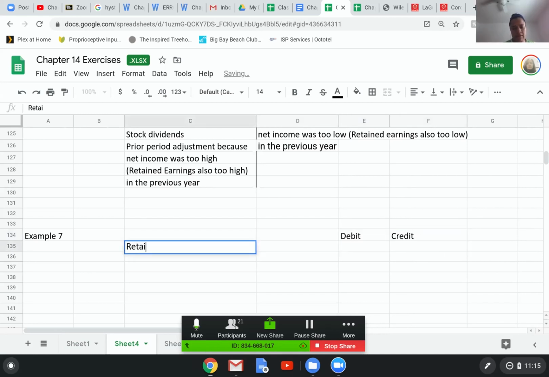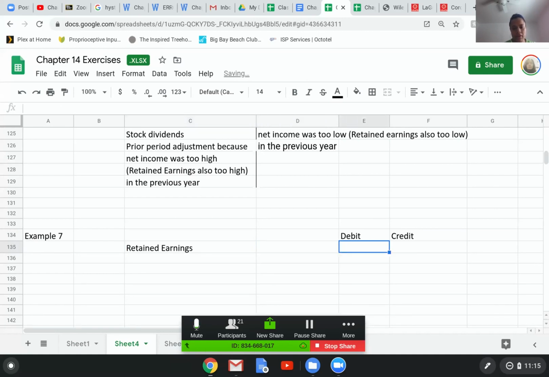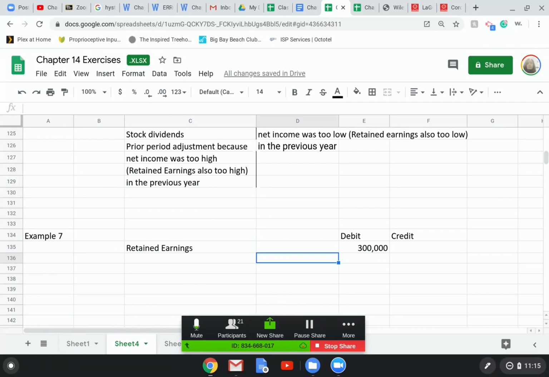So we've got retained earnings debit because your depreciation was too low. Sorry, backtrack. Your depreciation was too low last year, so your net income was too high, and therefore your retained earnings was too high. So now to rectify that, you will have to debit retained earnings. And credit cash? Retained earnings, not cash.